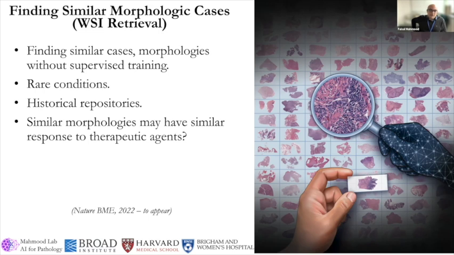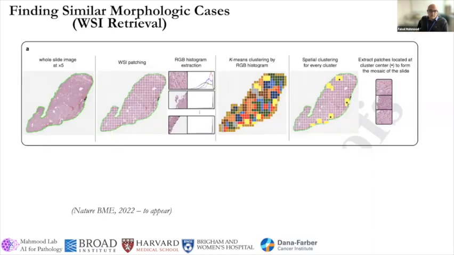But using something like this, you might be able to identify lots of similar cases with ease. And then other questions: do patients with similar morphologic representations have a similar response to certain therapeutic agents? These are things that we don't yet know about, but is definitely worth exploring.